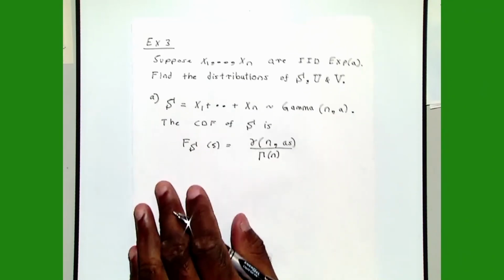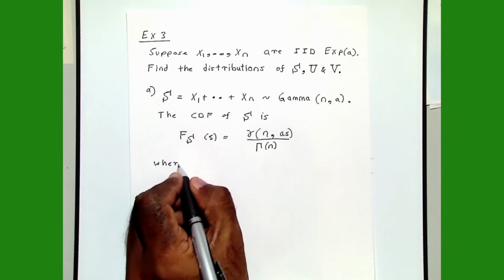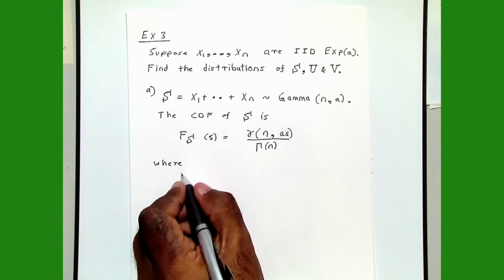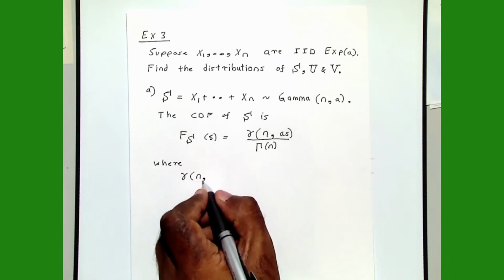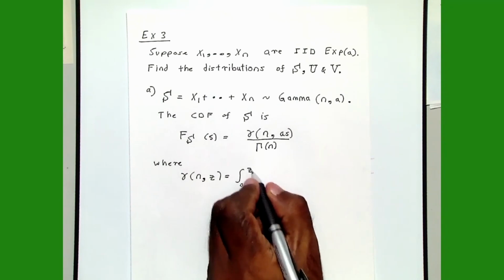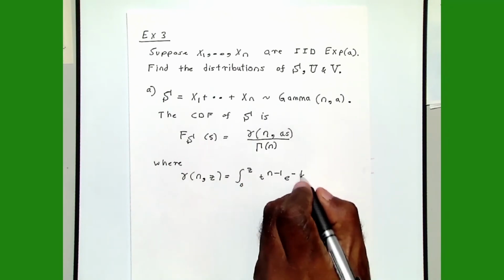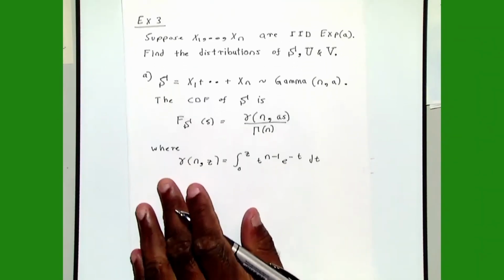right, where gamma n z is defined by the integral from 0 to z of t to the power n minus 1 e to the minus t dt.